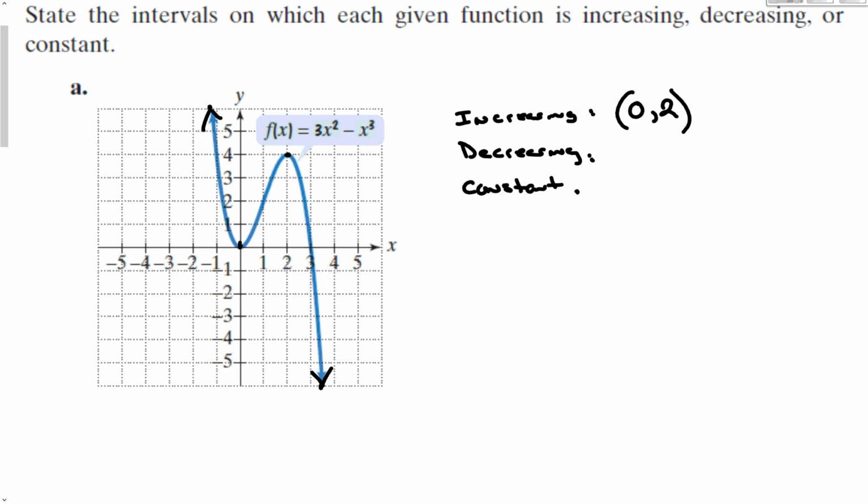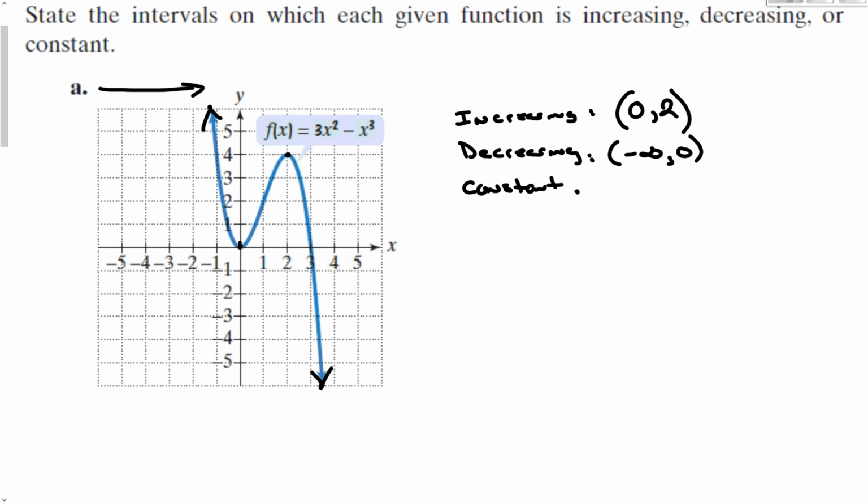So we're always going to go from left to right when I read these intervals. So the furthest left this function goes is negative infinity. It's going to keep going left and left and left. So this function decreases from negative infinity to 0.